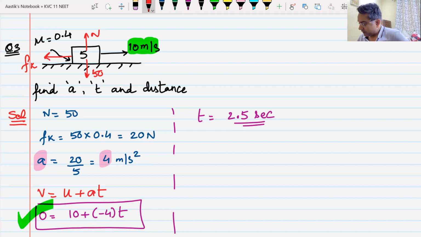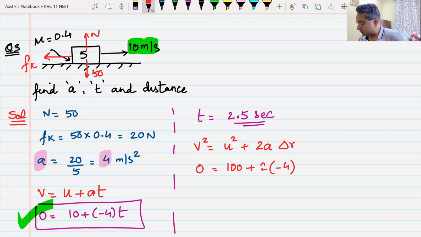Okay. So time is 2.5 seconds. Then to find out the distance, I can apply v square is equal to u square plus 2 times acceleration into delta r. This is 0. U square is 10 square, which is 100, plus 2 times acceleration, which is minus 4, multiplied by r.